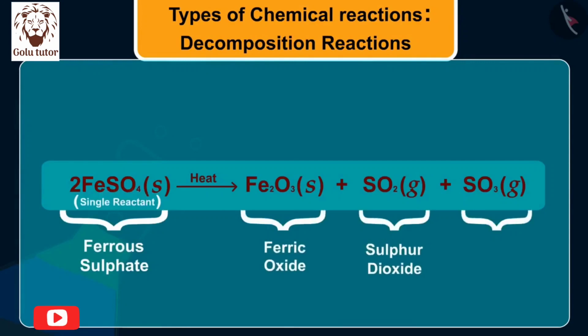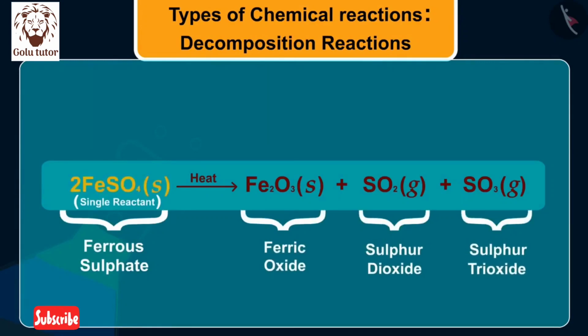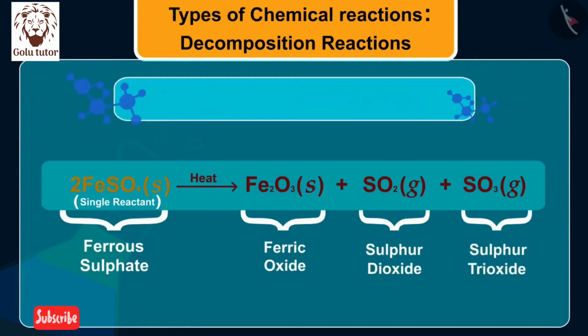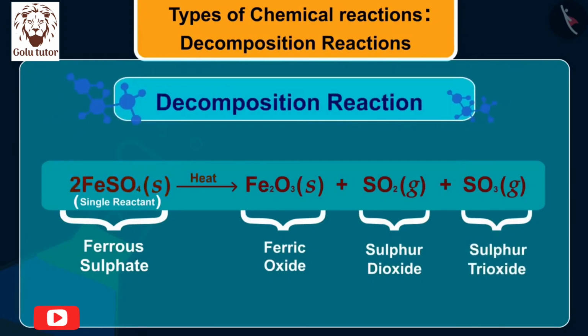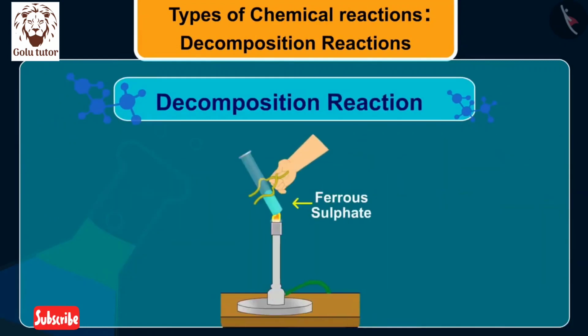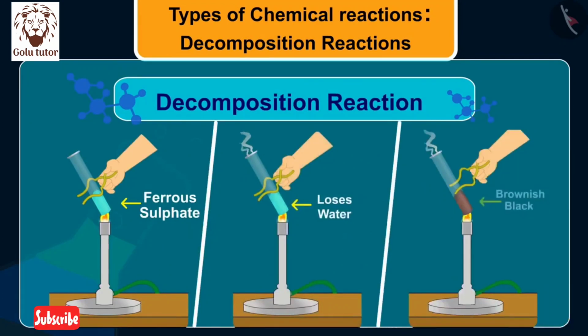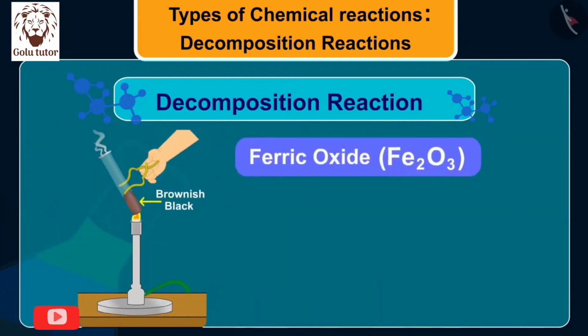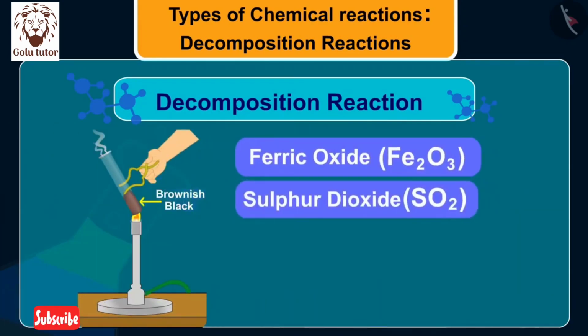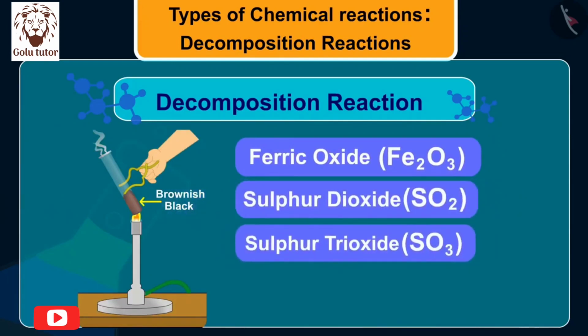This is a decomposition reaction. Ferrous sulfate crystals, FeSO4·7H2O, lose water when heated, and the color of the crystals changes. It then decomposes to ferric oxide, Fe2O3, sulfur dioxide, SO2, and sulfur trioxide, SO3. Ferric oxide is a solid, while SO2 and SO3 are gases.